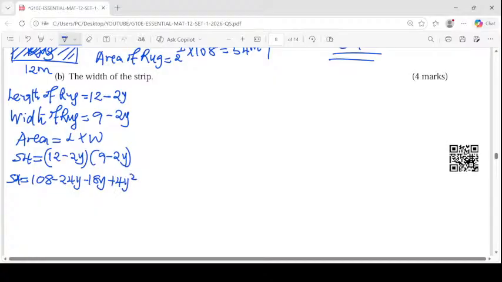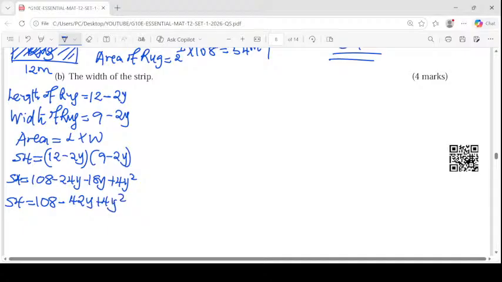So this becomes 54 is equal to 108 minus 42y plus 4y squared.